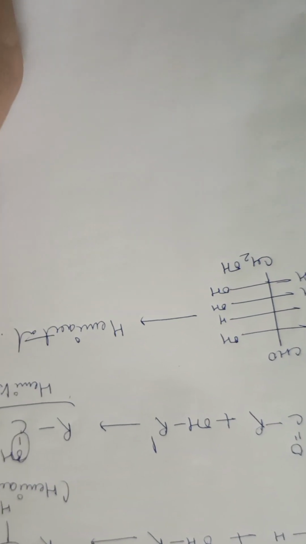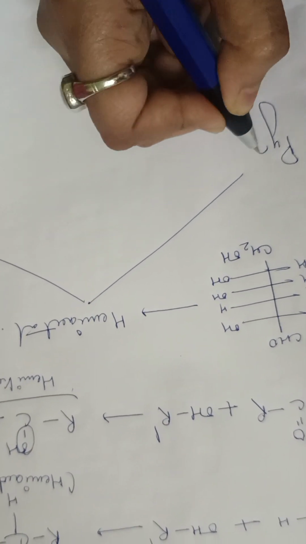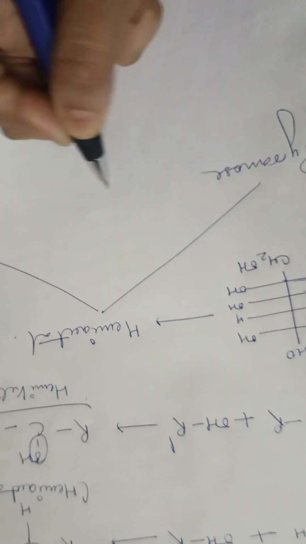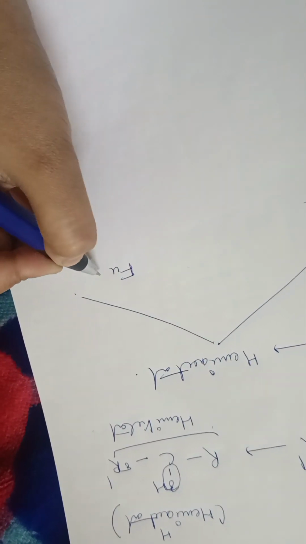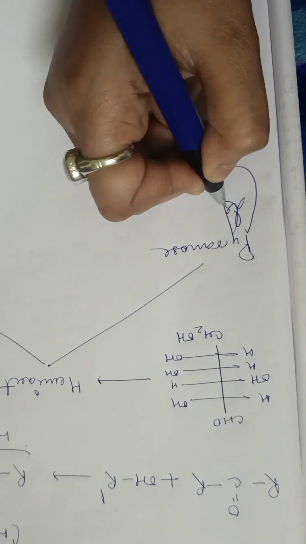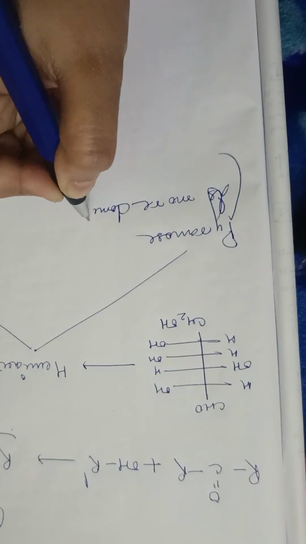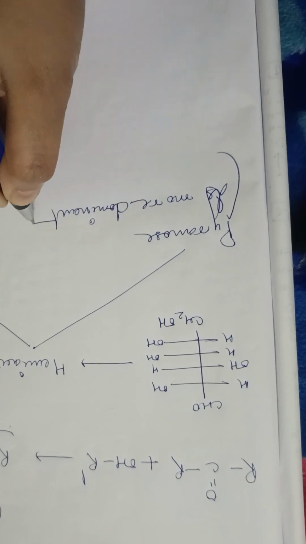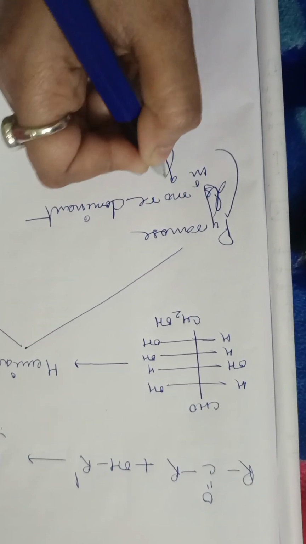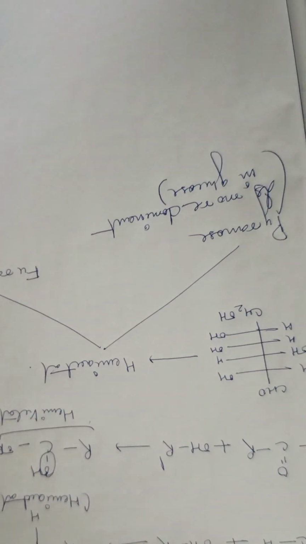If I convert it into hemiacetal, there are two possible structures. One is pyranose, another is furanose. Pyranose is more dominant in glucose and furanose is less dominant.